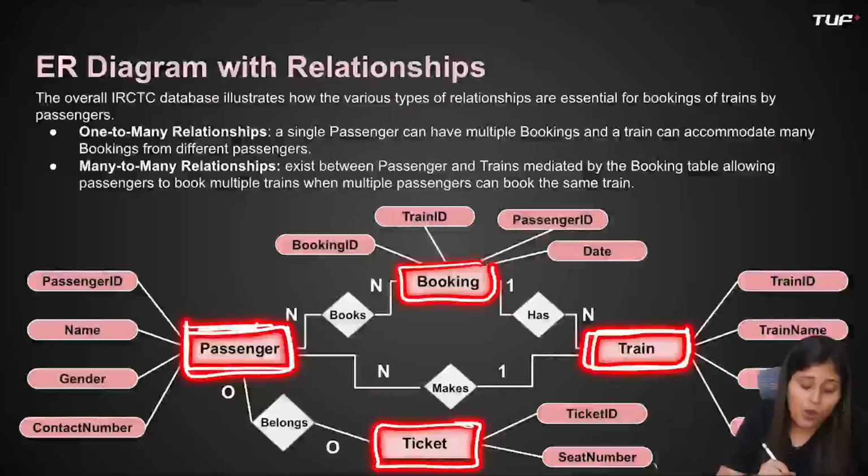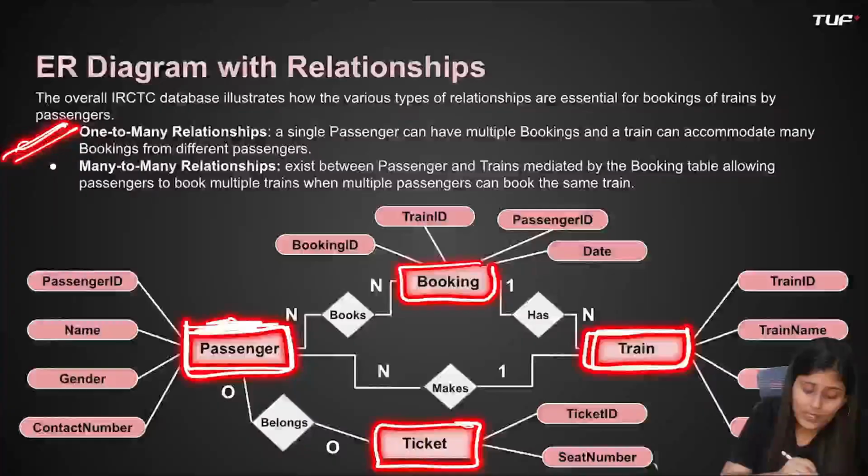Now let's learn how one-to-many relationship is applicable here. This is one-to-many. It shows how a single passenger can have multiple bookings and a train can accommodate many bookings from different passengers.